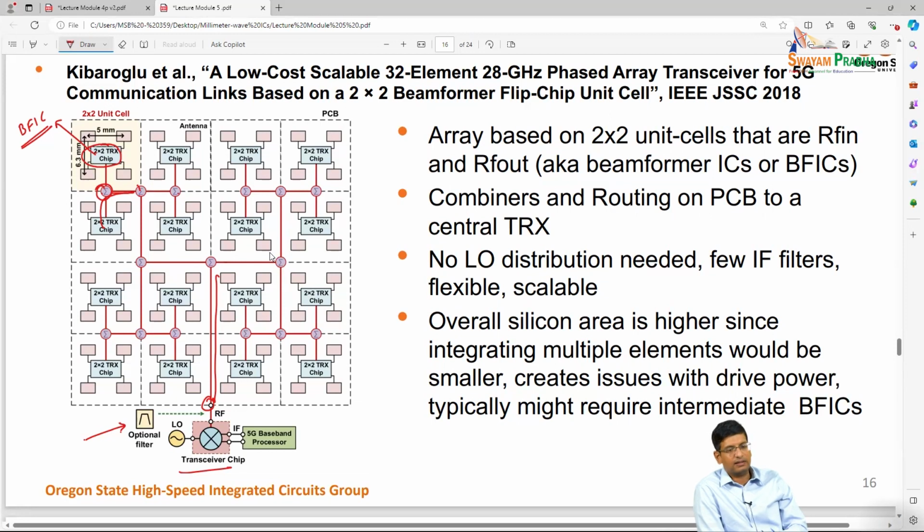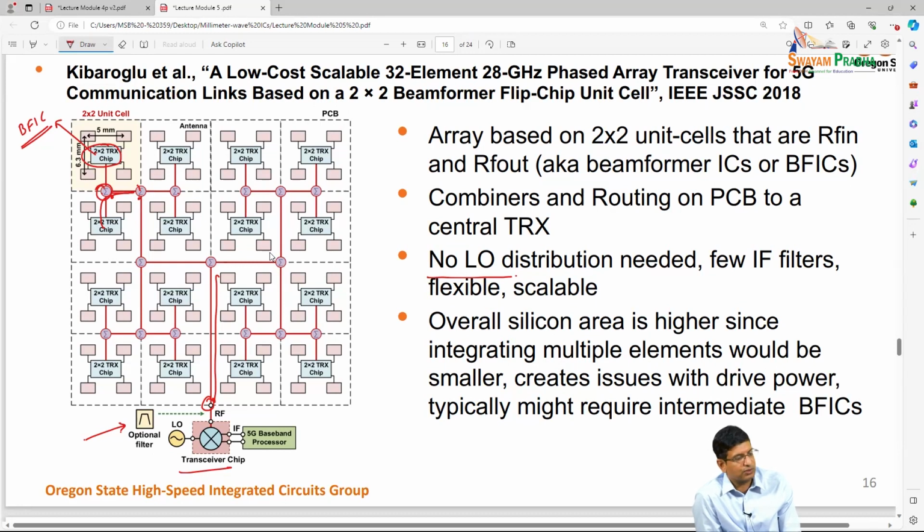And this kind of approach is quite attractive because no LO distribution is needed, right? But it relies on the fact that one is operating at frequencies where the power combiners can be built on the PCB, right? So of course, as we scale frequency, we can access more and more advanced interposer and PCB technologies to enable this kind of architecture, right?